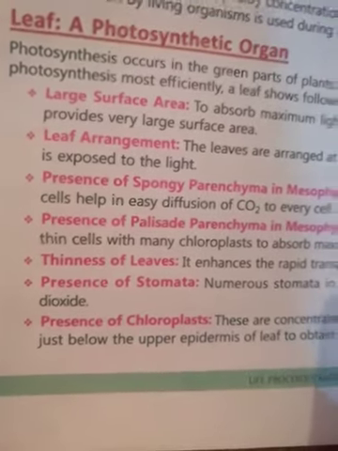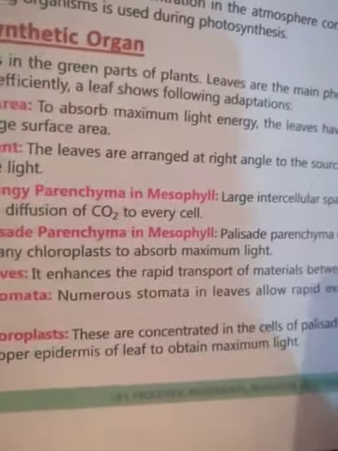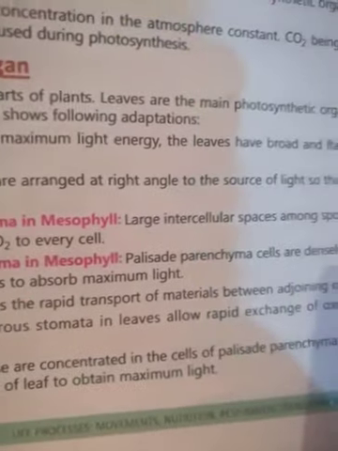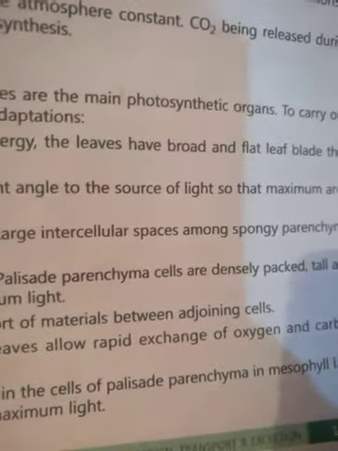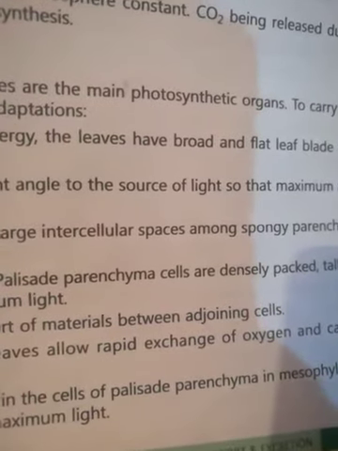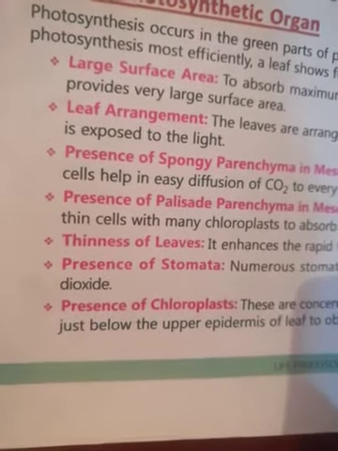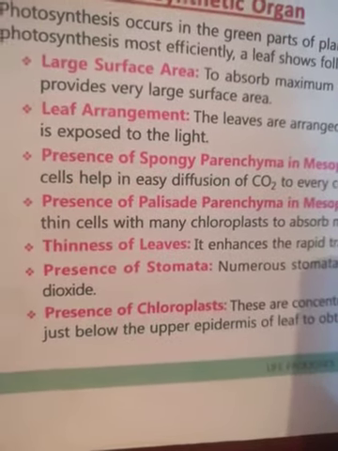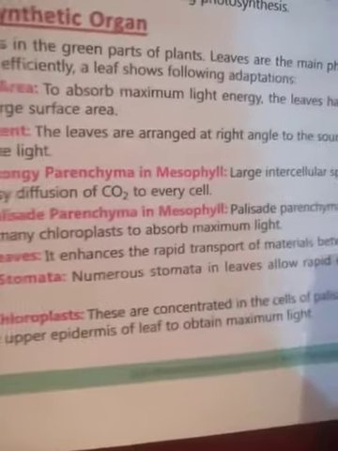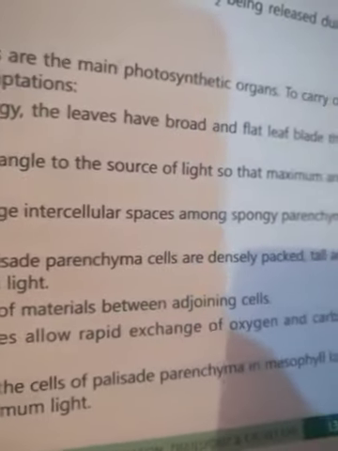Thinness of leaves. It enhances the rapid transport of materials between adjoining cells, from one cell to another cell. Presence of stomata. Numerous stomata in leaves allow the rapid exchange of oxygen and carbon dioxide.